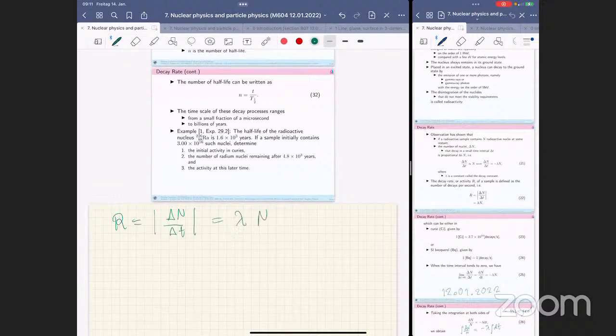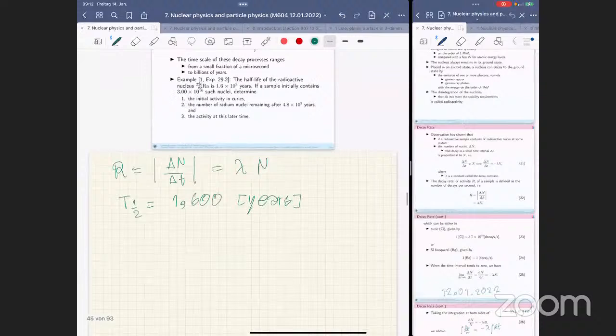So they have provided the half-life, which is this variable, T half, 1,600 years, right? And you need to convert this to seconds, because once we compute something in physics, we need to make that quantity in SI scale.